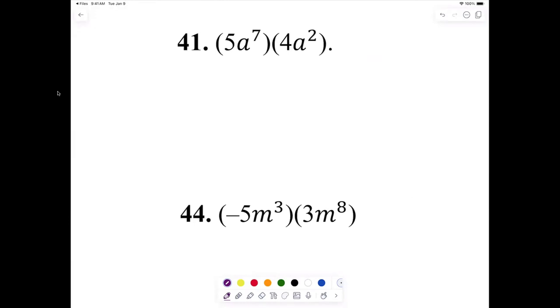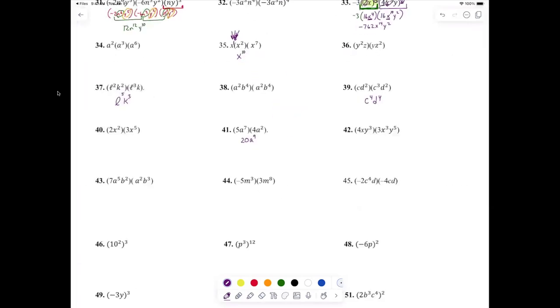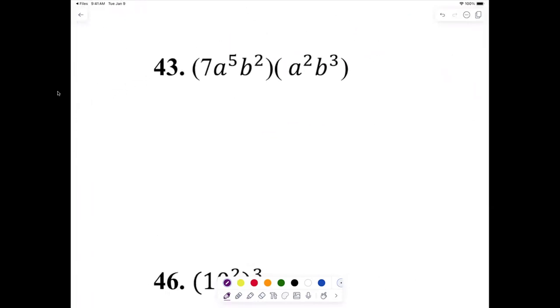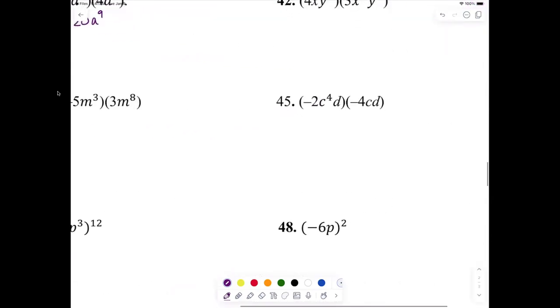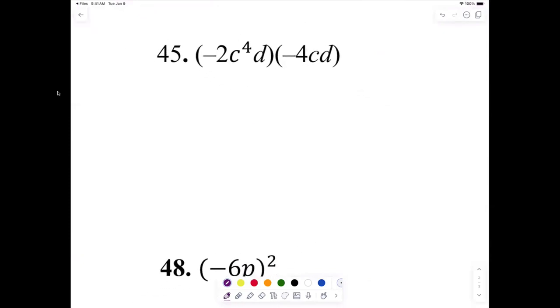Oh, I was looking at 40. 2A or 20A. 5 times 4. That is 20. Very good. 20A to the 9th. 43. Let's go. Anybody agree with that? You got lucky. 45. AJ. Amazing. Thank you.